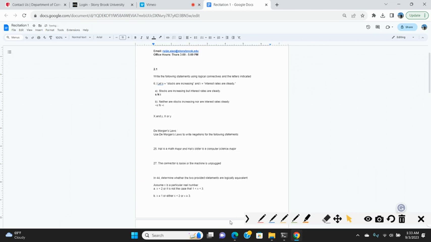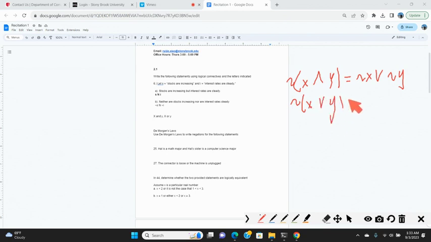And they state that the negation of x and y is equal to the negation of x or the negation of y, and the negation of x or y is equal to the negation of x and the negation of y.